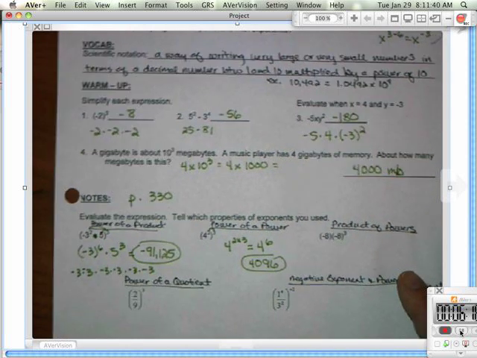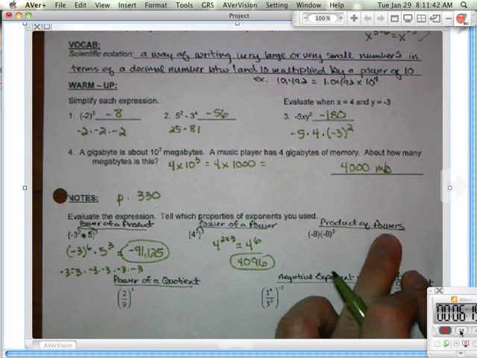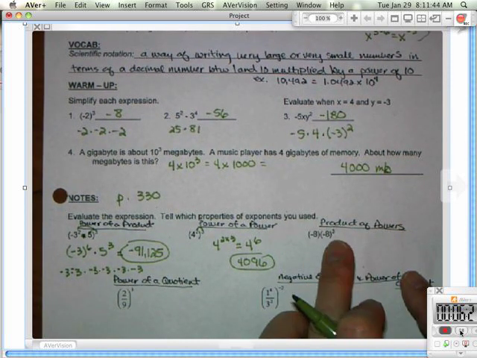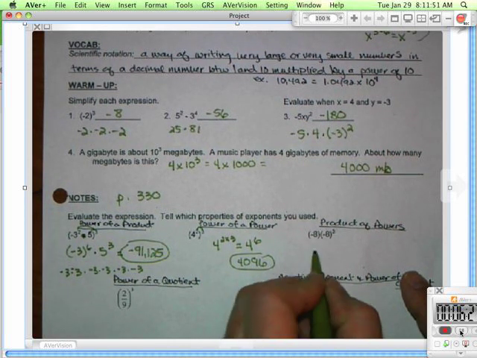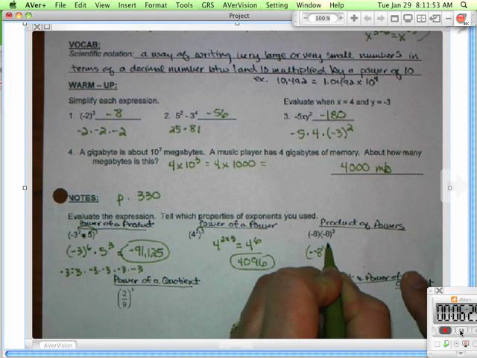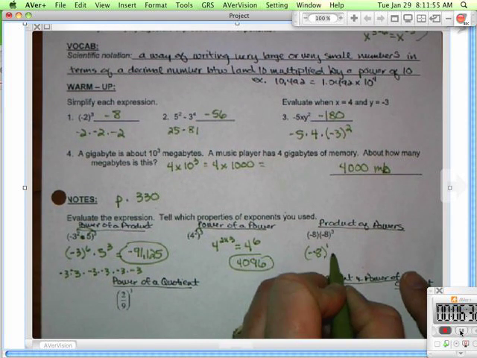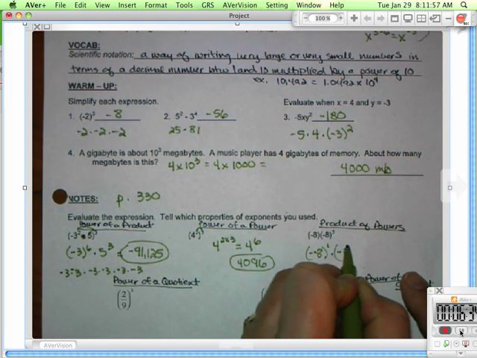All right? Product of powers. So that means we're multiplying 2 powers together. So negative 8 by itself is actually the same as negative 8 to the 1st power times negative 8 to the 3rd power.